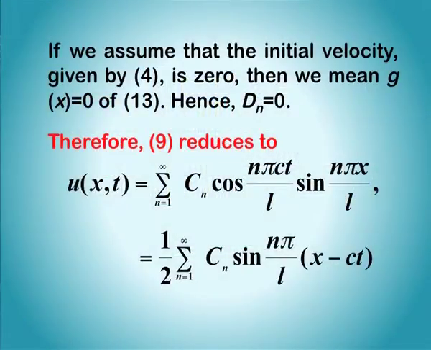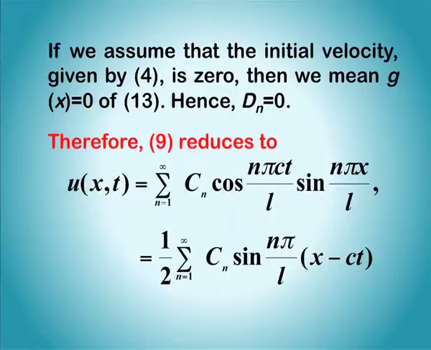If we assume that the initial velocity given by that equation 4 is 0, then we mean g(x) is equal to 0, which we had in equation 13, and therefore Dn is equal to 0, purely constant. If you put Dn is equal to 0 and g(x) is equal to 0 with all these assumptions, with all these calculations, then equation 9 obviously and readily will reduce to this relation.